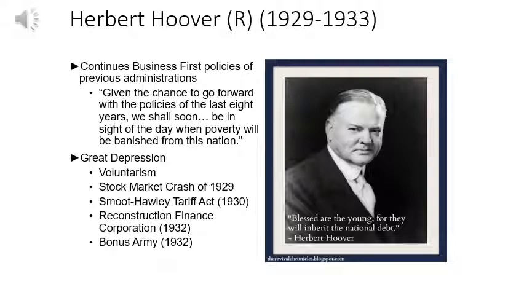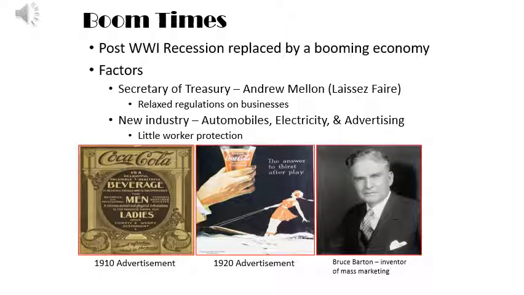He began the policies to try to help get the United States out of the Great Depression, with the Reconstruction Finance Corporation in 1932 and the Bonus Army of 1932. The post-World War I recession of the early 1920s was replaced by a booming economy.